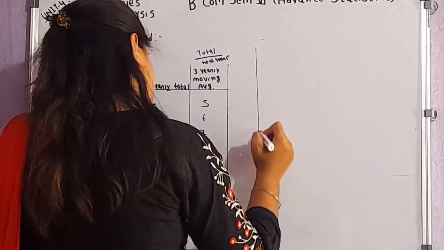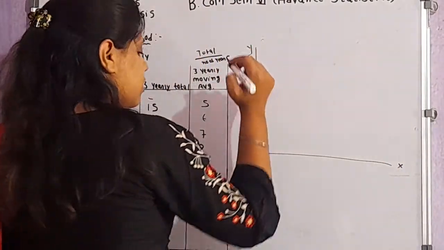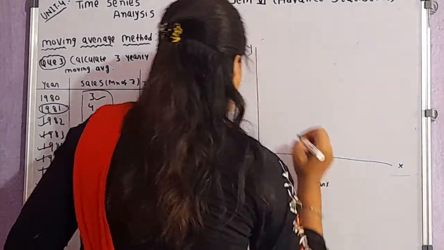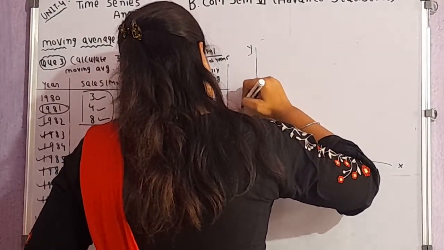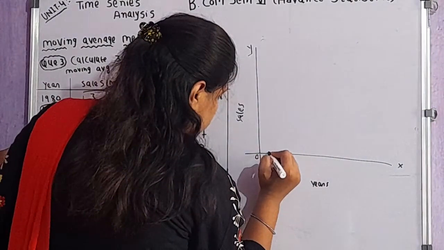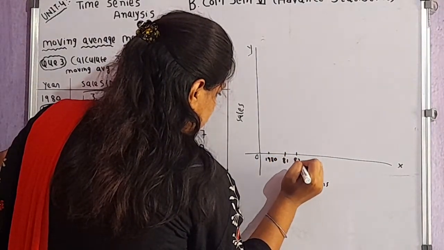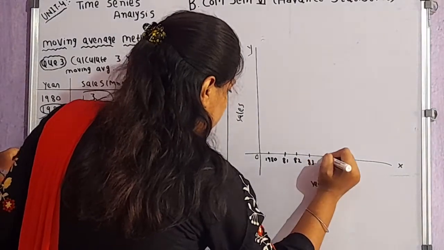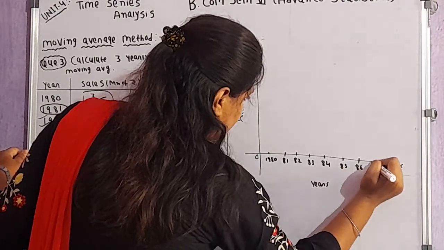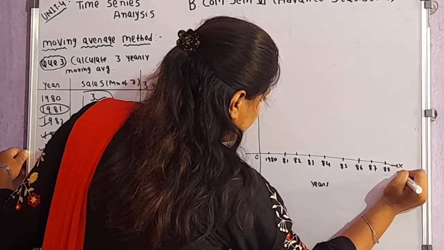So let's do it. This is the x-axis. This is the y-axis. This is the point of origin. Here we are representing years and here we are representing sales. Years begin with 1980, so it's 1980, 81, 82, 83, 84, 85, 86, 87, 88 and 89.